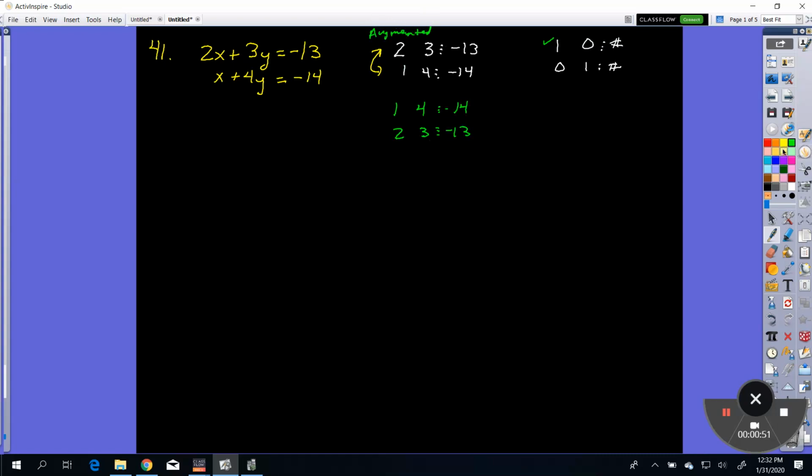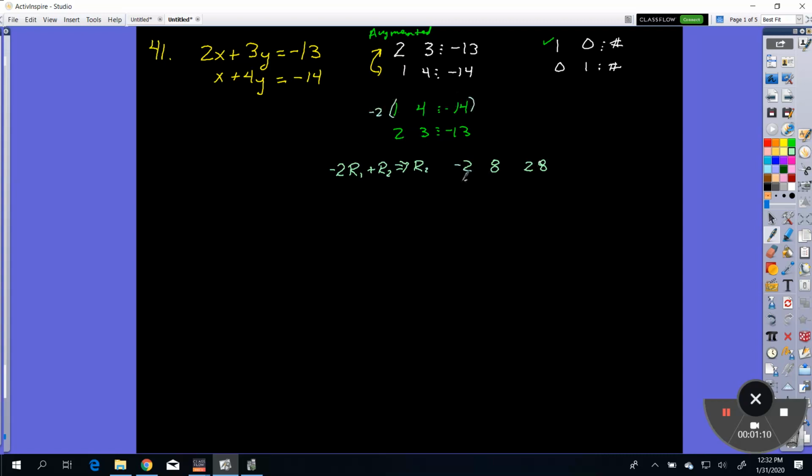So now I'm going to go negative 2 times row 1, add it to row 2, and it's going to make a new row 2. So negative 2, negative 8, positive 28. So that was negative 2 times all of this.